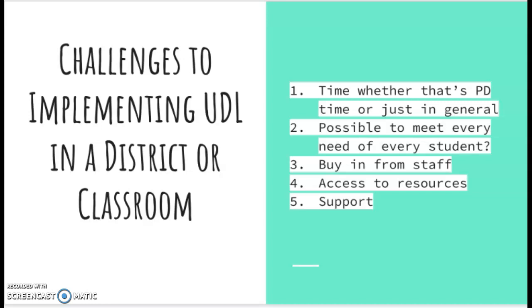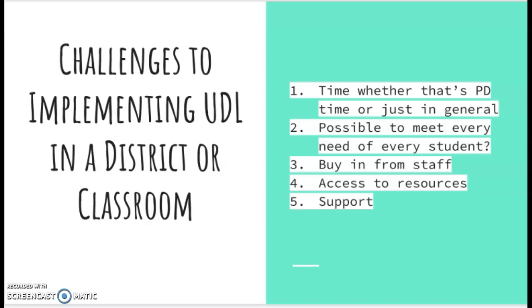Access to different resources: if you're expected to pull from different resources, then you need to have access to those resources. And then lastly, I think support, whether that means team support in your grade level or content area, or just support from the powers above, whether that's your principals, your superintendent, whatnot.